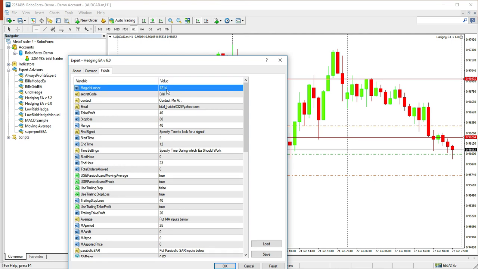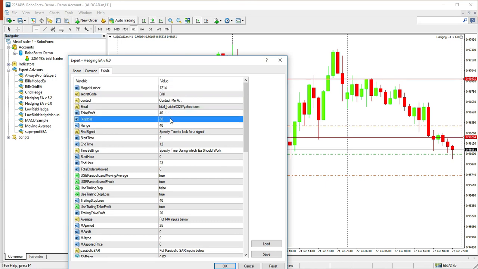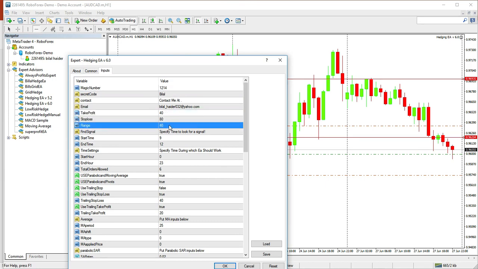So you have to use different values if you're starting a new sequence. You can also choose different settings with this new chart, or use the same settings as with your previous chart.